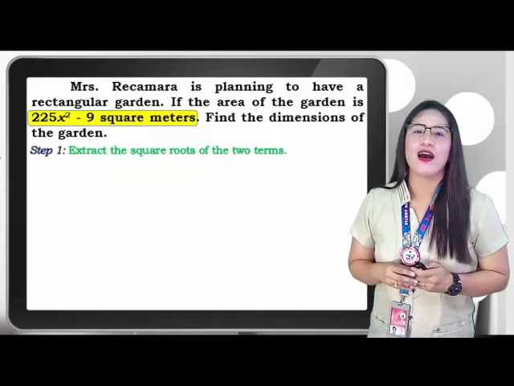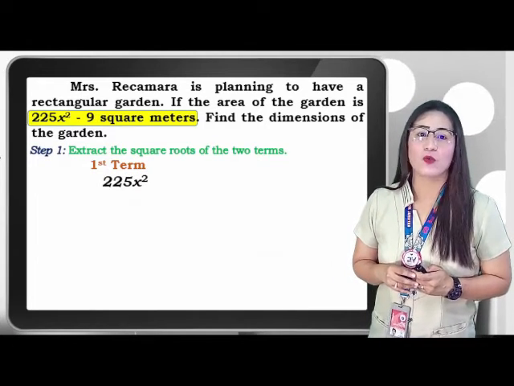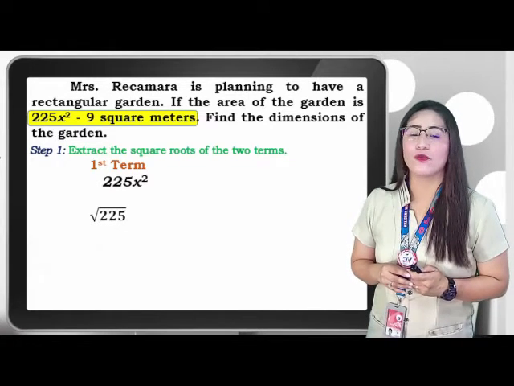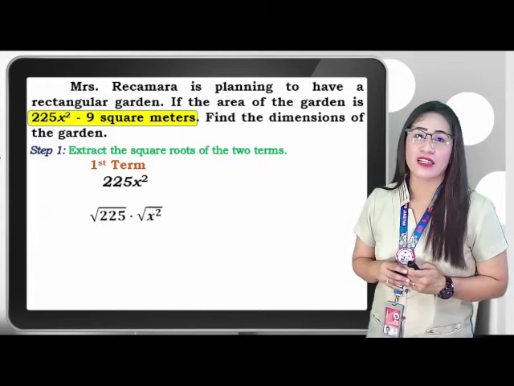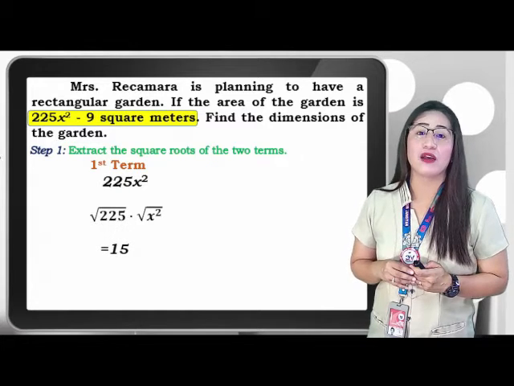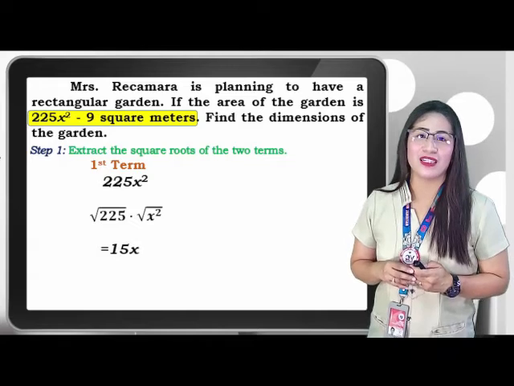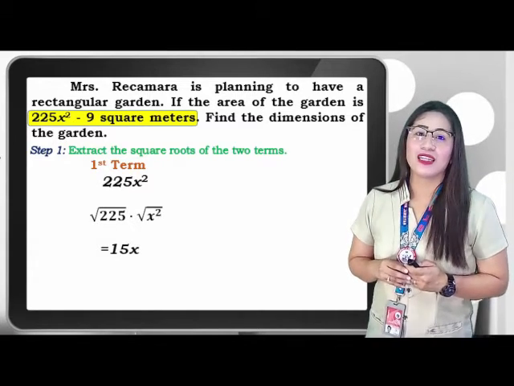Step 1. First term is 225x squared. To extract, it can be written as square root of 225 times square root of x squared. Square root of 225 is 15. Then, square root of x squared is x. So, the result is 15x.